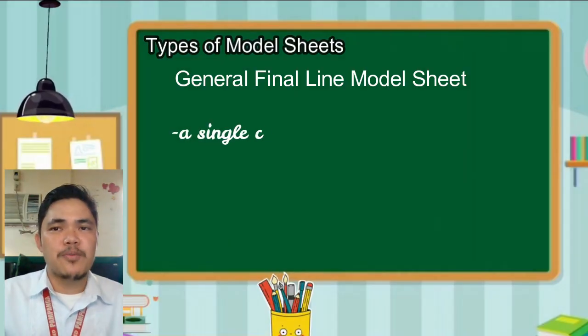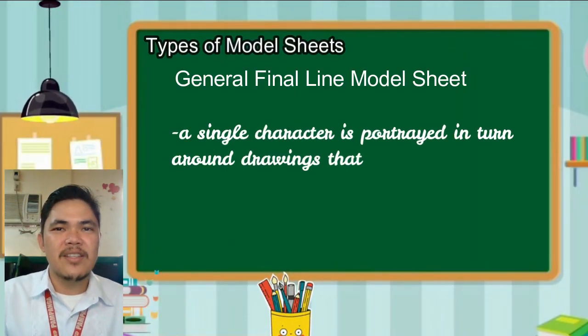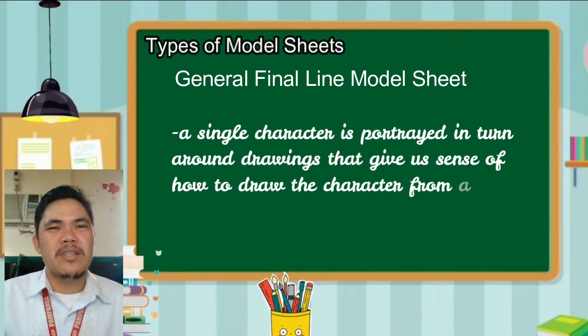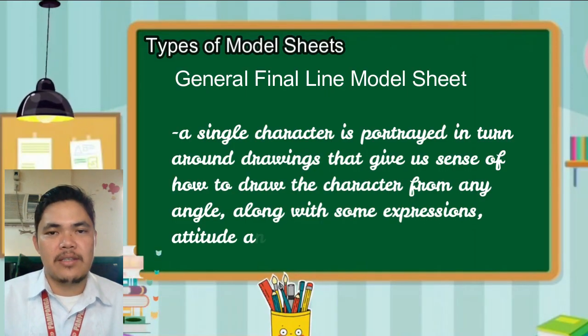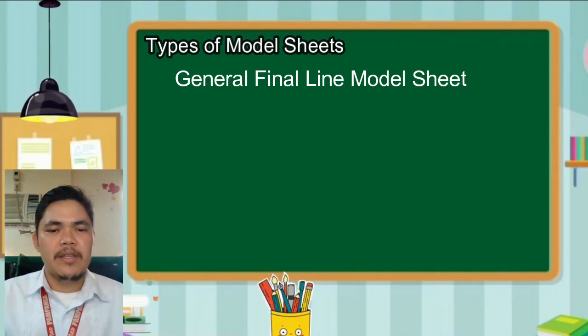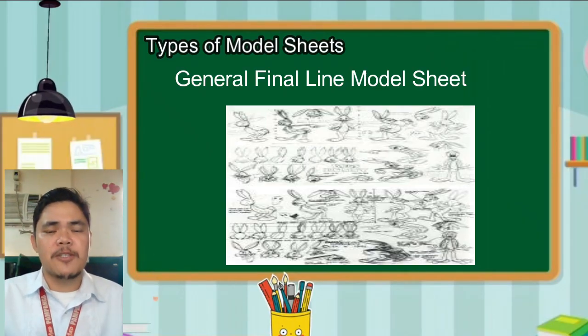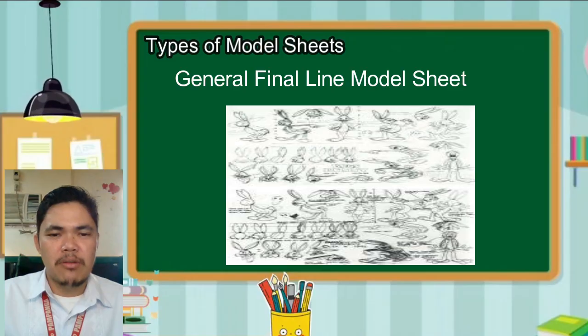A single character is portrayed in turnaround drawings that give us a sense of how to draw the character from any angle, along with some expressions, attitude, and action poses. In the illustration shown on the screen, makikita natin dito the possibilities of some actions na ginagawa. Dito sa model sheet na to ay tinawag siyang general fine line. Normally yung mga model sheets na ginagamit natin, gumagamit lang tayo ng mga fine line.